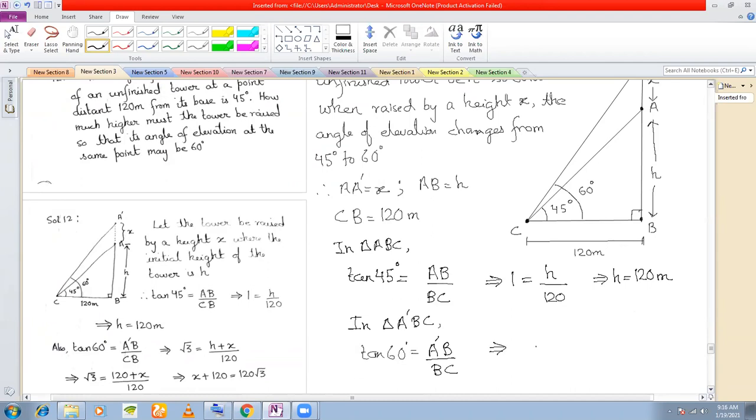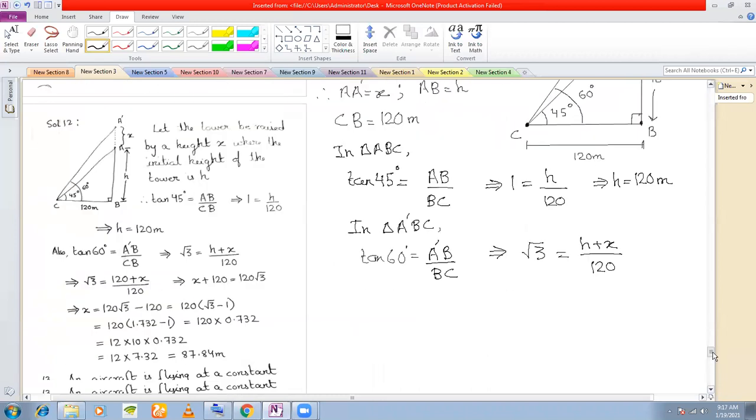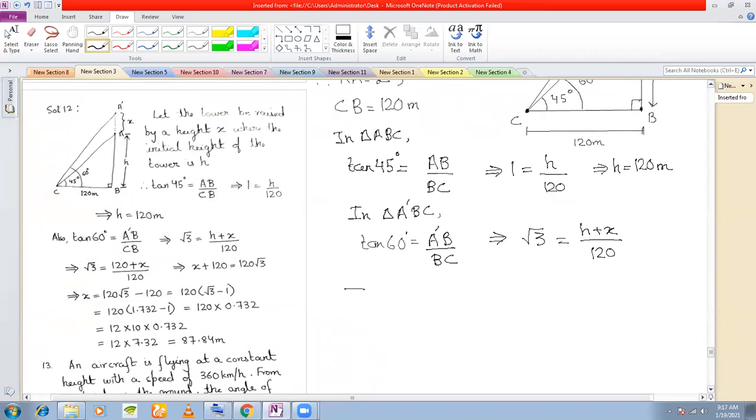Tan 60 you know is root 3. A dash B is h plus x, divided by BC, which is 120. But we know h to be 120 also.